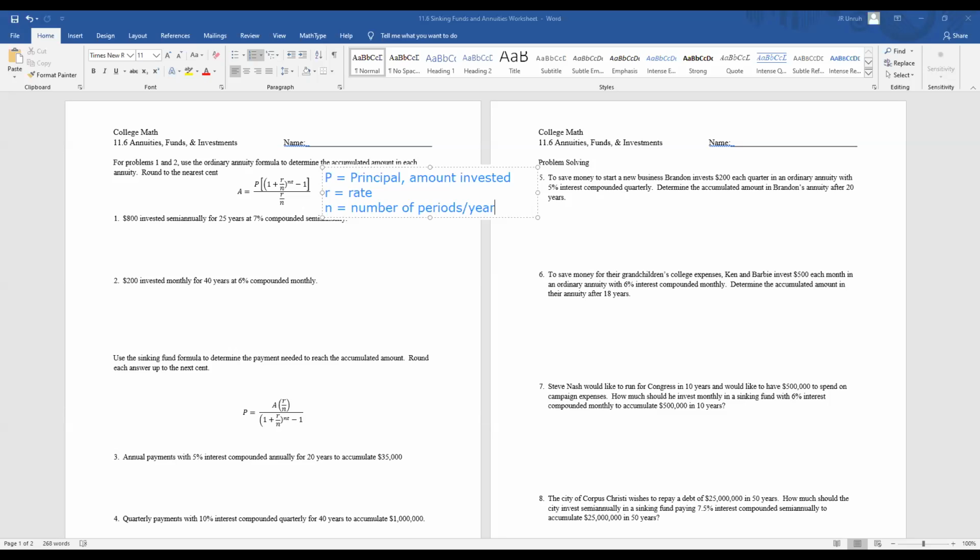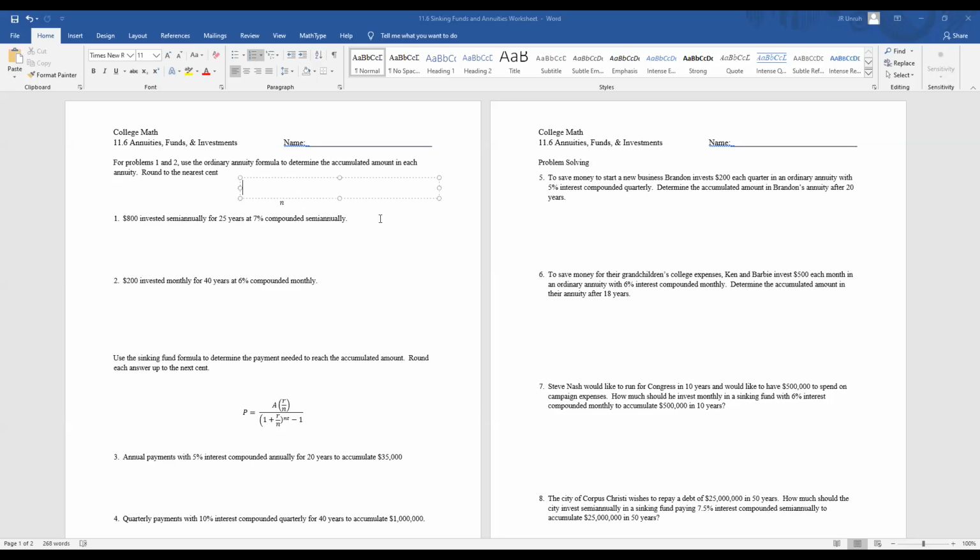If you've got monthly, then it's 12. If it's semi-annual, it's 2. Quarterly is 4. Below that, T is equal to time. So P is principal, amount invested, r is your rate, n is the number of periods per year, and t is time. We're just going to plug those numbers into our formula and we will be all set.